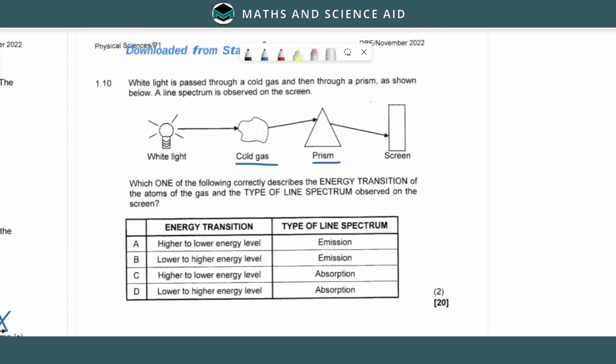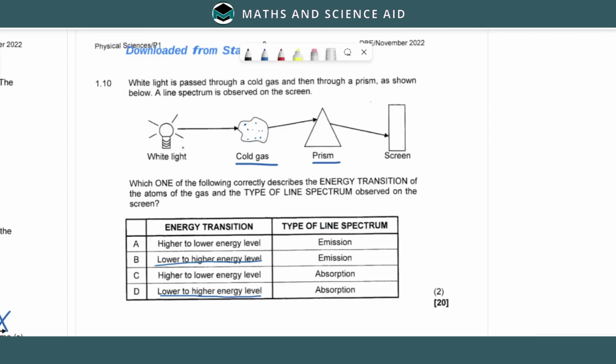Okay, so this is a cold gas, so it means that the atoms of that gas will absorb some energy from the light. So the atoms of the gas are going to move from lower to higher energy. And now the question is, what type of spectrum is observed on the screen?